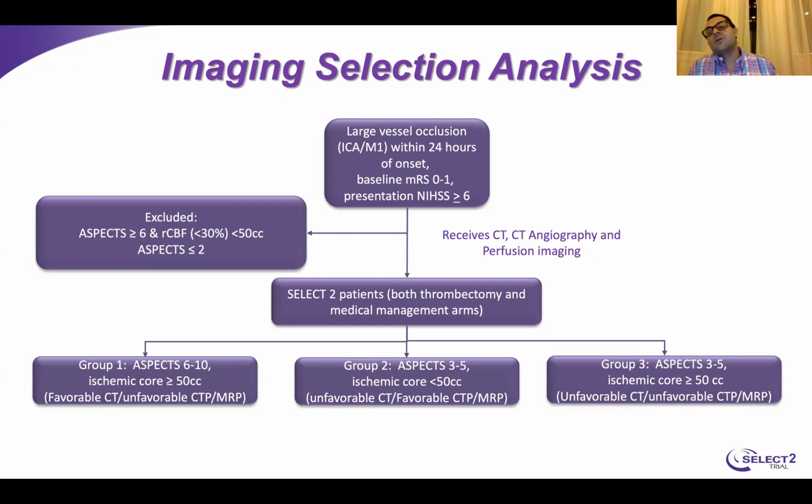So the ischemic core was less than 50 cc's on CTP. And then finally, group 3 are the patients who both of those would meet technical criteria for enrollment in SELECT 2. ASPECTS 3 to 5, as well as ischemic core greater than 50 cc. So unfavorable CT, unfavorable CTP.